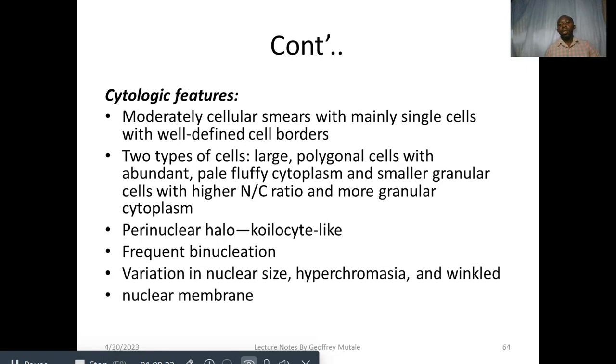We may appreciate the perinuclear halo, which may appear koilocyte-like, frequent binucleation, variation in nuclear size, hyperchromasia, and the wrinkled nuclear membrane.